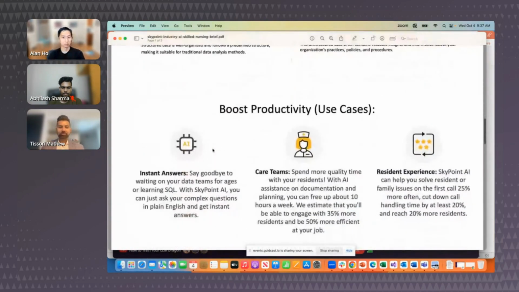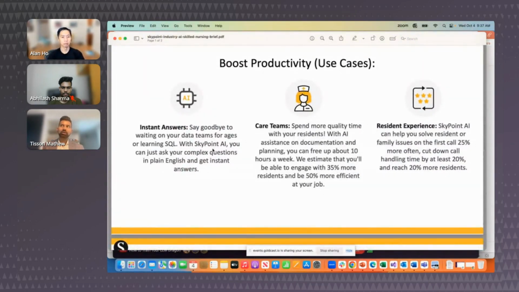We have a few examples here of the real world use cases where our customers are seeing enormous value. One is question answering without having to deal with IT. It sounds simple, but even if 50% of the questions from a business user, whether clinical, non-clinical, compliance, whatever, can be answered by AI without going through the layers of IT, that's an enormous win, because a lot of times the business users' questions change a lot.